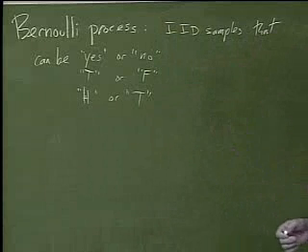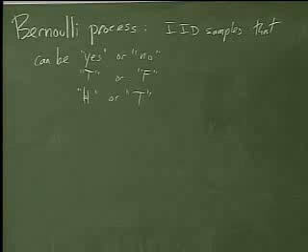So you have this one event occurring with probability p. The probability that event doesn't occur is 1 minus p. You keep flipping it over and over and over again. Okay?